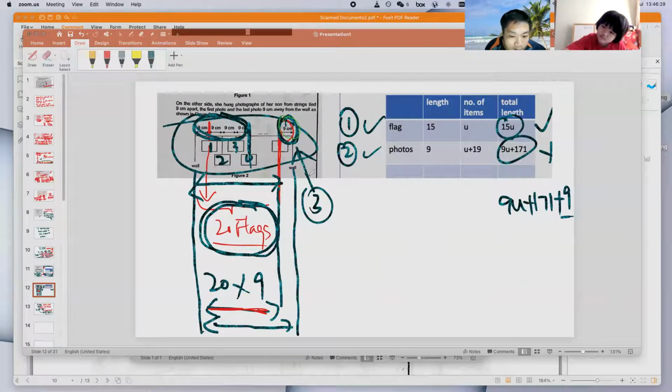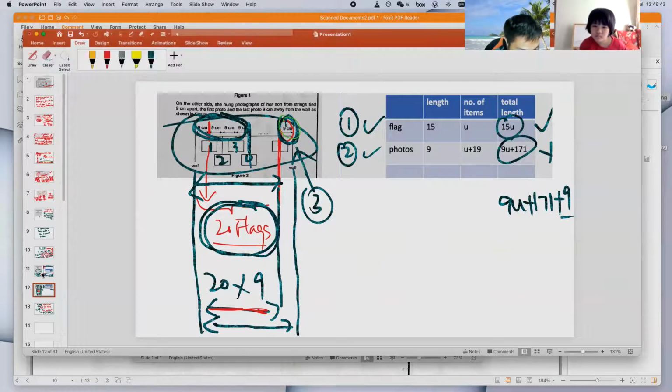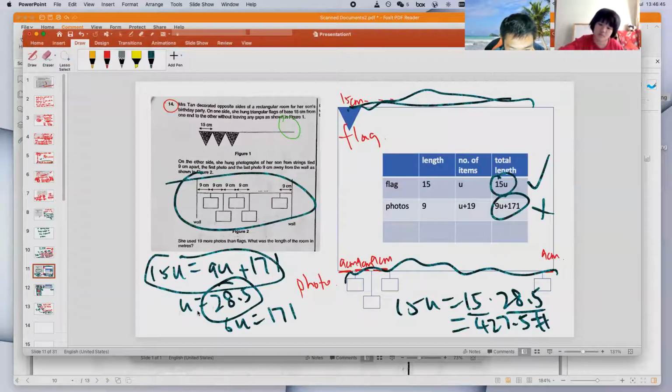So, like I say, when I walked through this question with Nancy last time, I got u equals 28.5, right? And then I start to question myself.